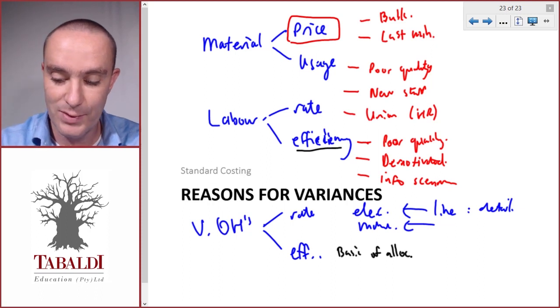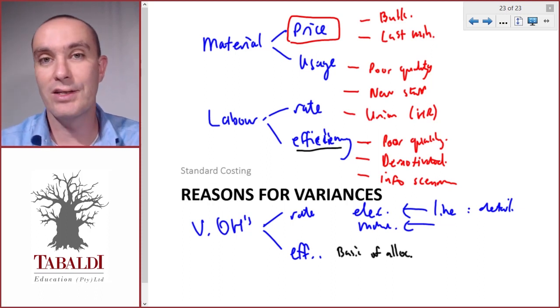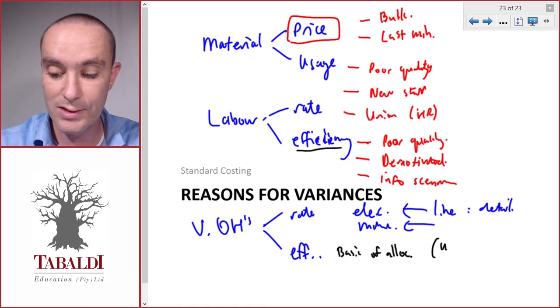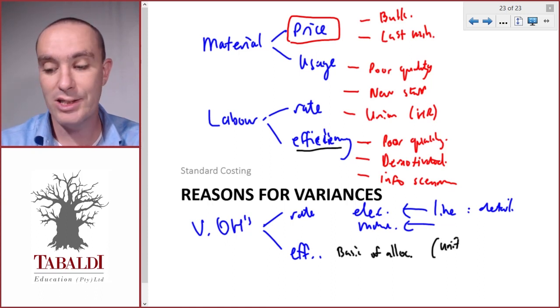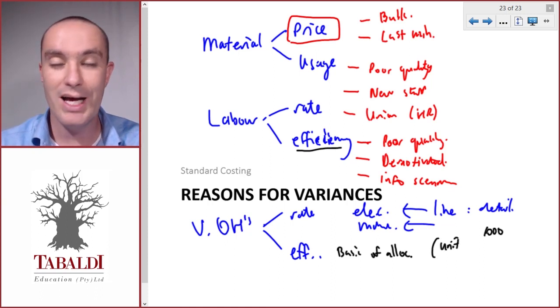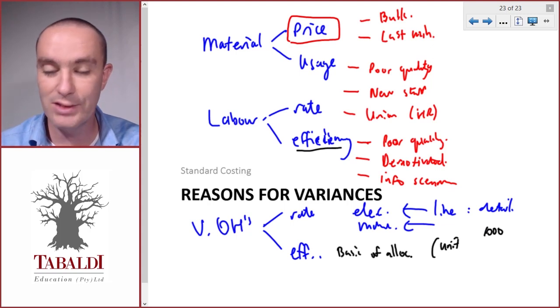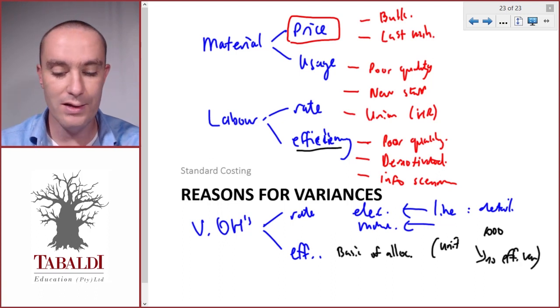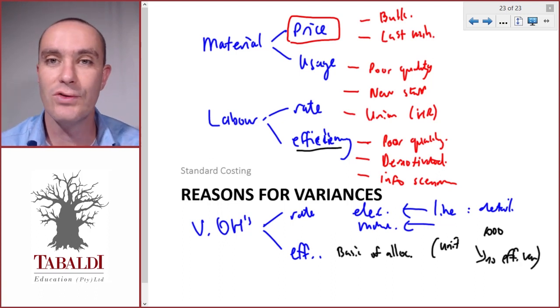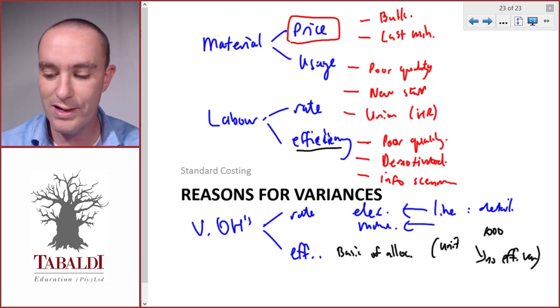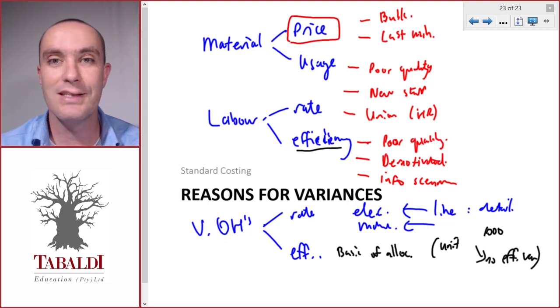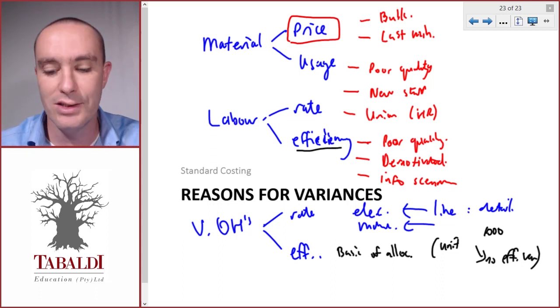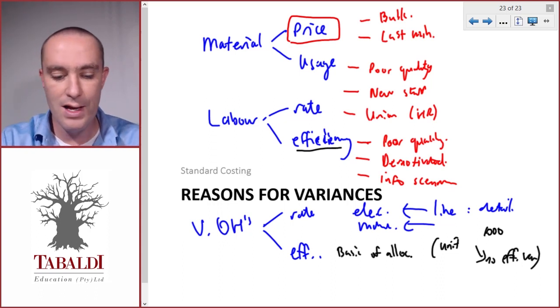And then just something to look out for, if our variable overheads are allocated on the basis of units. So if we actually produce 1,000 units, we will allocate our overheads to them based on that 1,000 units. So there will be no efficiency variance if we allocate variable overheads on the basis of units. So just look out for that. If you find that you calculated a variance and it's 0, it doesn't mean you necessarily made a mistake. It could be that there are just no variances.